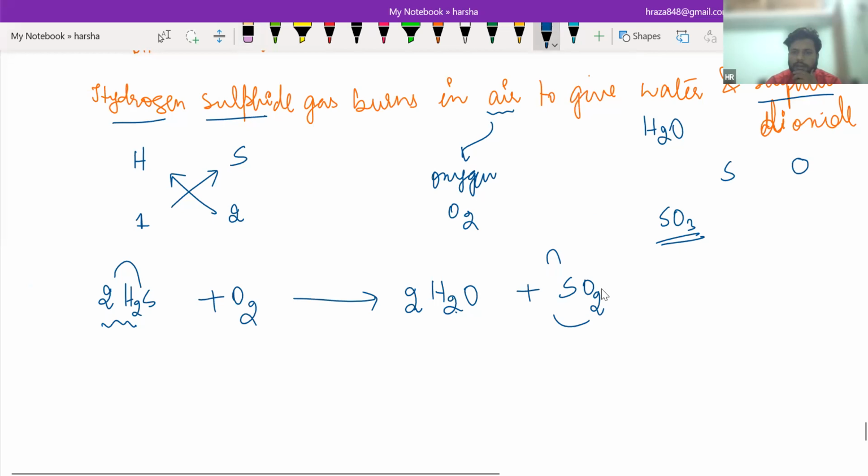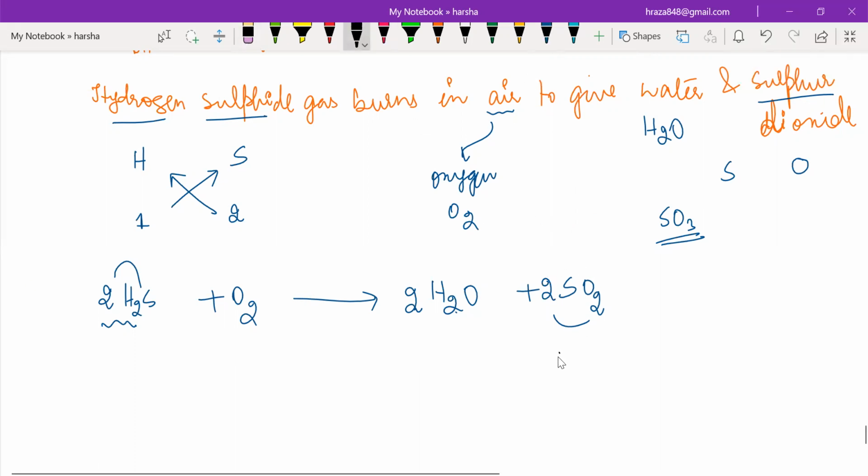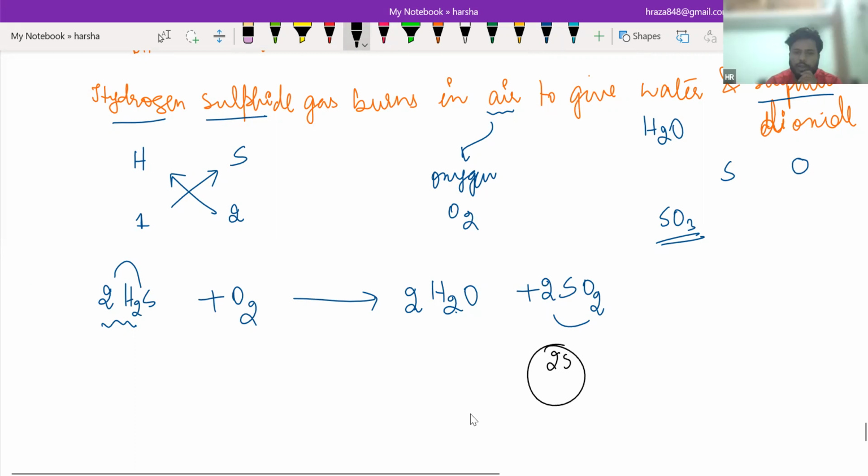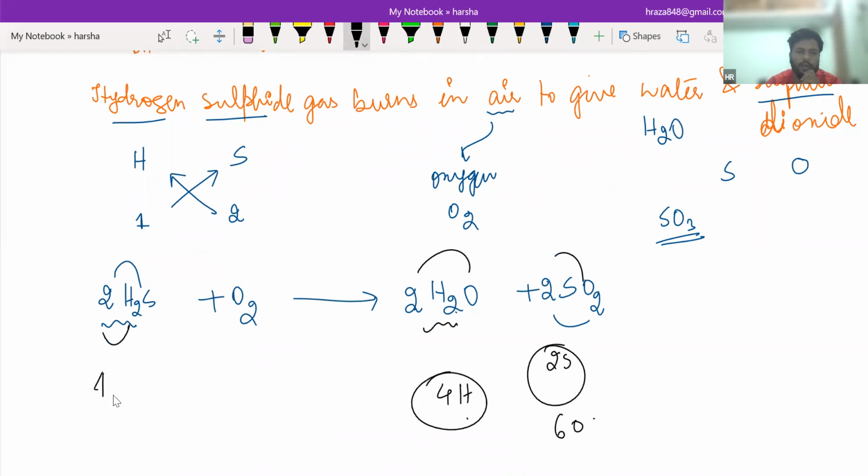Now you can see sulfur is 2, and total oxygen is 2 plus 4, so 6 oxygen, and hydrogen is 4. Now 4 hydrogen is here and 2 sulfur is here.